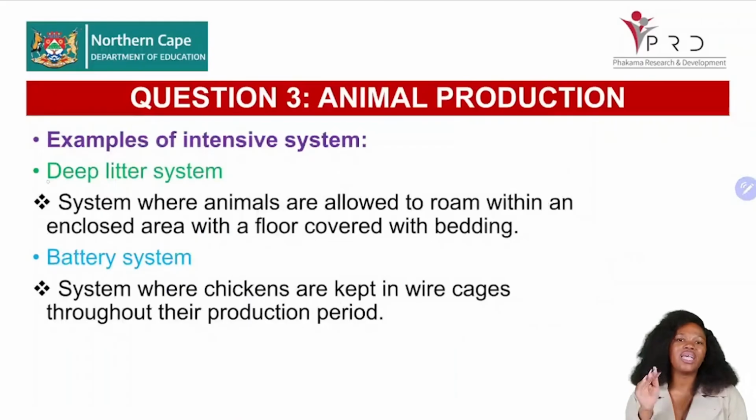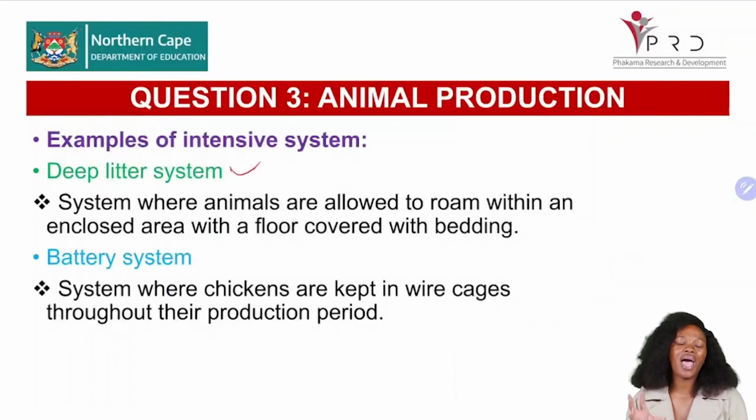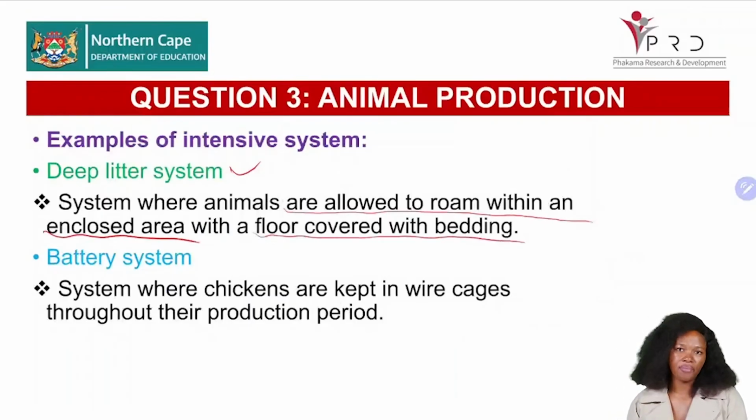The first example is the deep litter that is applied when raising chickens. Deep litter is the same as the floor system, where animals are allowed to roam within an enclosed area with a floor covered with bedding.